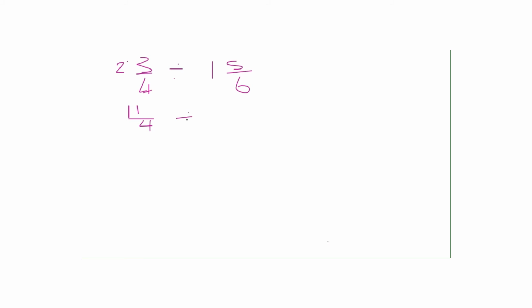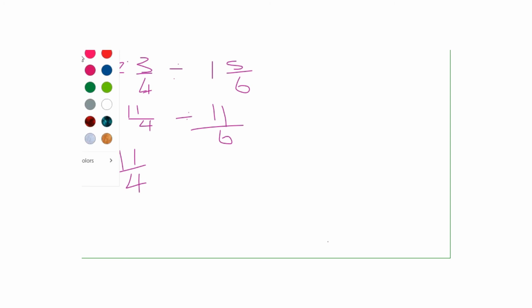divided by 6 times 1 is 6 plus 5 is 11 over 6. So when we're multiplying now, we'll keep the 11 over 4, and what we'll have to do now is switch the next number.